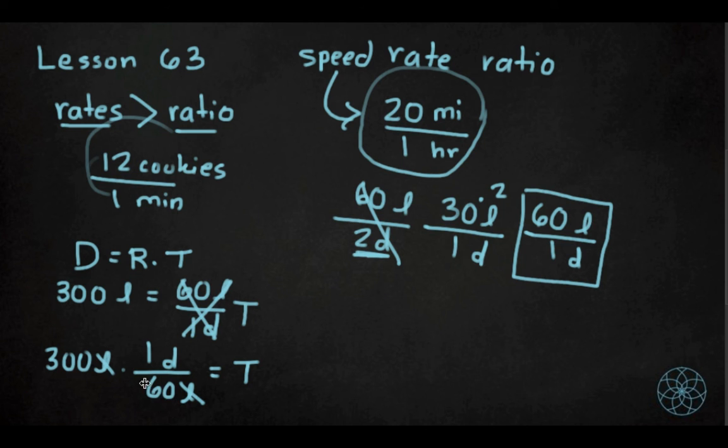Let's go ahead and simplify this. 300 divided by 60 is 5. So then in the numerator, we would just have 5 times 1 day over 1, or just 5 days. So how long would it take him? It would take him 5 days.